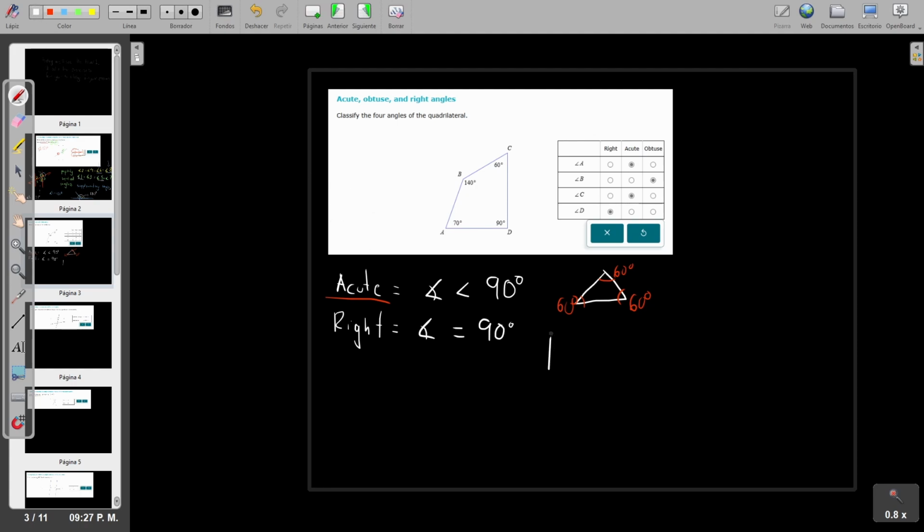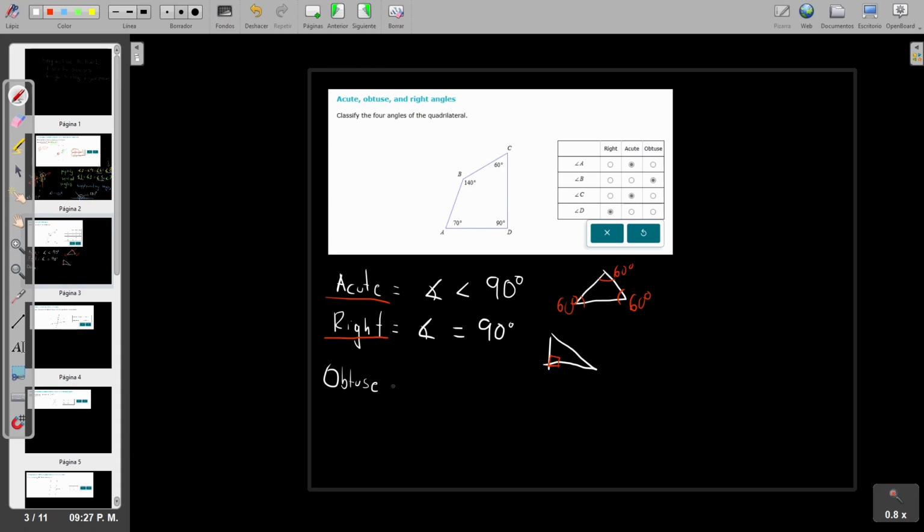I can put it like this, for example, and its symbol, if you remember, is this little square. If a triangle has this little square in one of its points, it means that its angle is equal to 90 degrees.